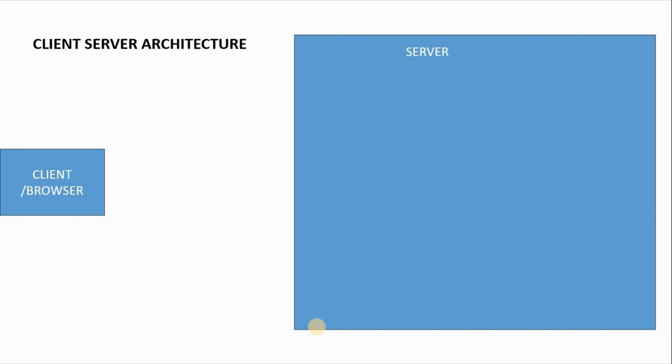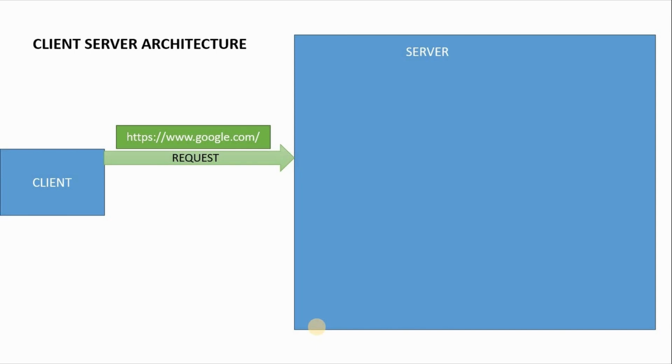A client is a browser, for example, Chrome browser, Firefox browser, etc. And a server is a computer that is located anywhere in the world which contains several applications. So when a client requests a resource or file in the application, the server sends back a response in HTML page.